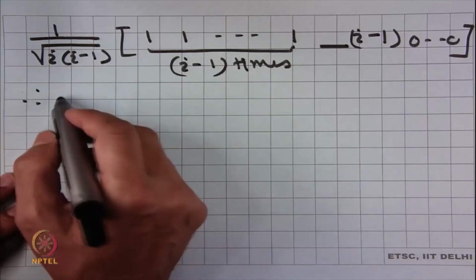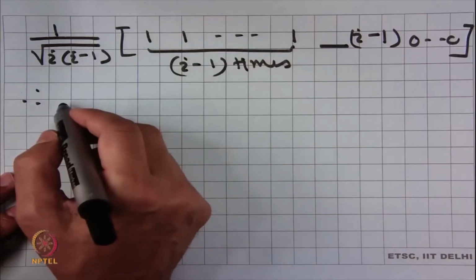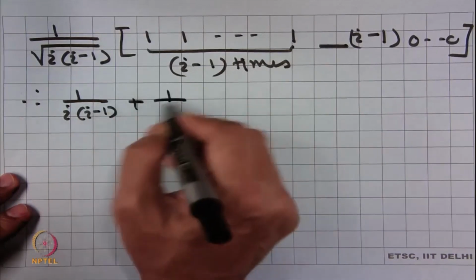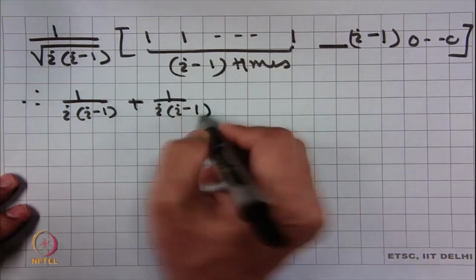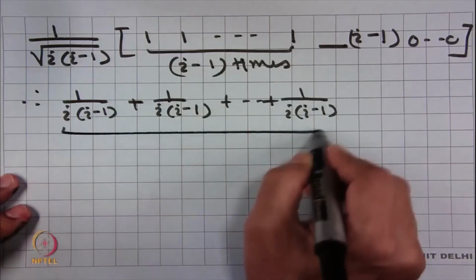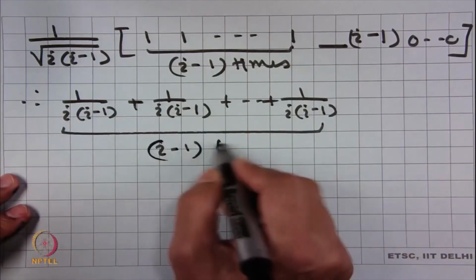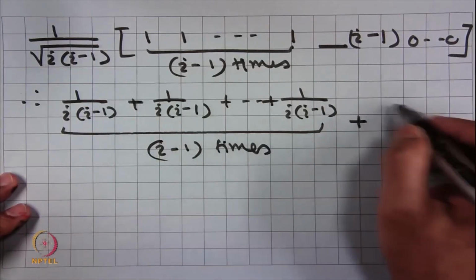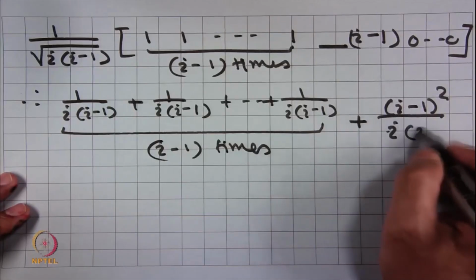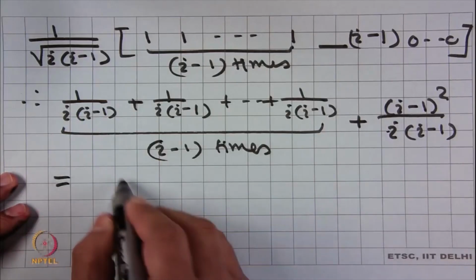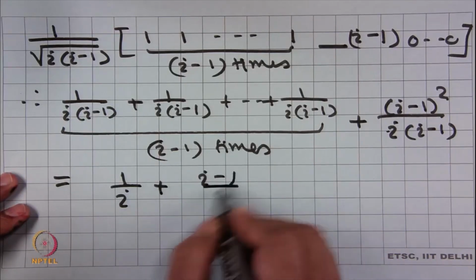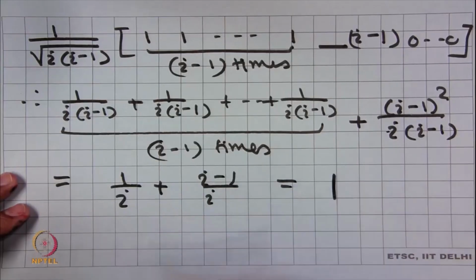Therefore, the sum of squares of the elements is 1 upon i into (i minus 1) plus 1 upon i into (i minus 1) plus 1 upon i into (i minus 1), this is (i minus 1) times, plus (i minus 1) square upon i into (i minus 1), which is equal to 1 upon i plus (i minus 1) upon i, which is equal to 1.